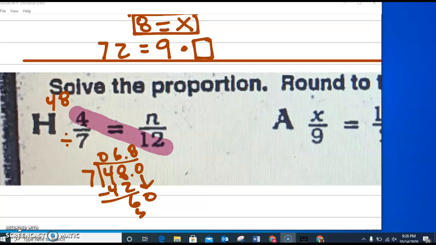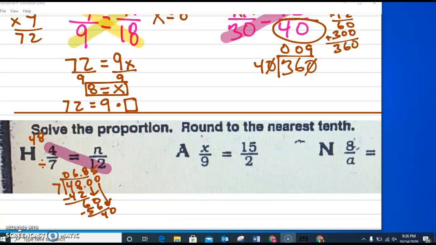That's 56. Subtract, we have 4, add another 0, and 7 goes into 40. 7 times 4, 7 times 5, 5 times. Okay, so n would equal 6.85, or 6 85/100ths. Okay, so go to letter A.